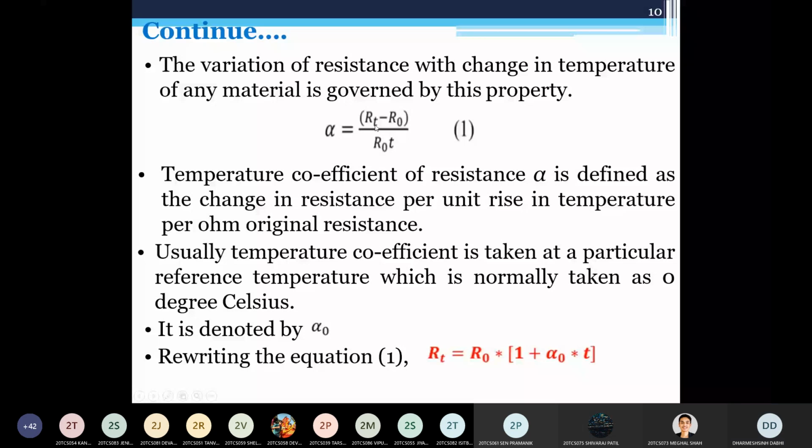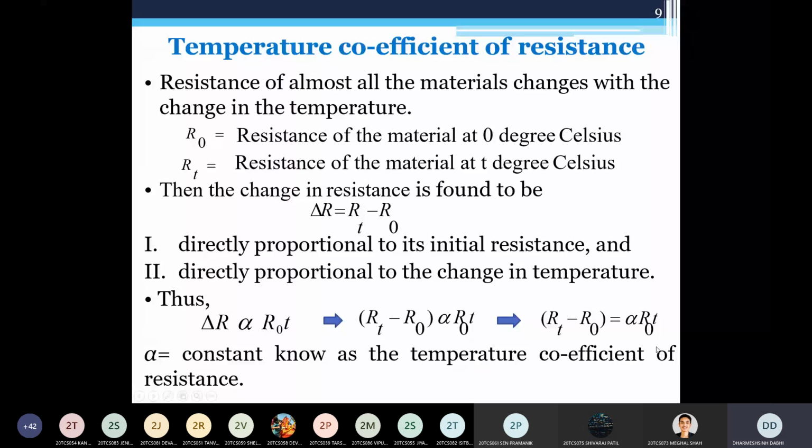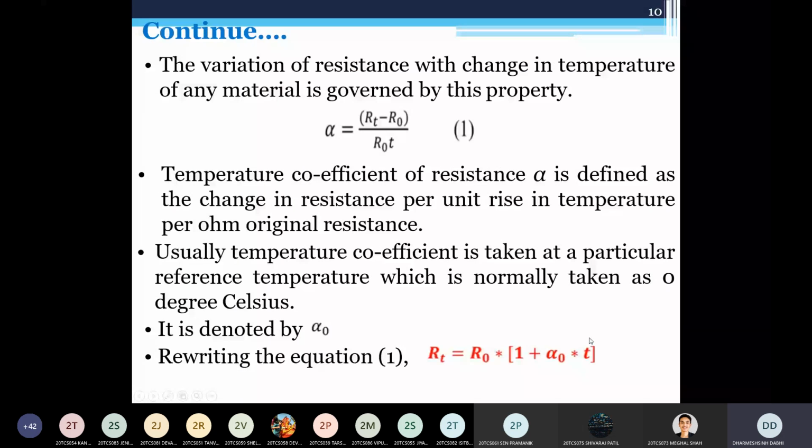So if you have the initial resistance at 0 degree and alpha 0, and you need to find the value of resistance at a new temperature T, you can apply this equation and find the new resistance, because as the temperature changes, the value of the resistance changes. We will do calculation of examples with this equation. So remember this equation. You can also note it down.